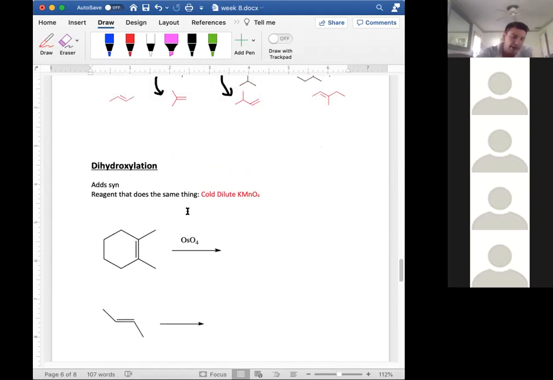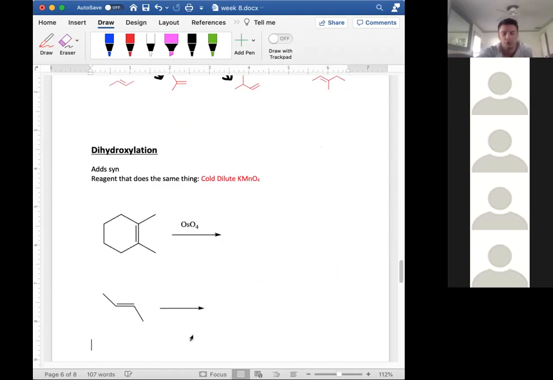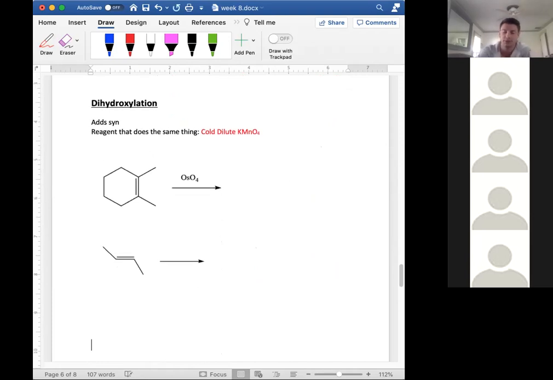Dihydroxylation. Based on the name, what do you think is going to happen? What's a hydroxyl? What's di mean? You're adding two OHs, right? And all that you're doing is you're adding an OH to each side of the double bond. That's all.